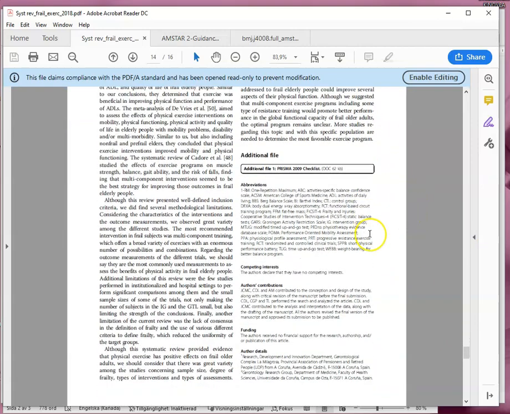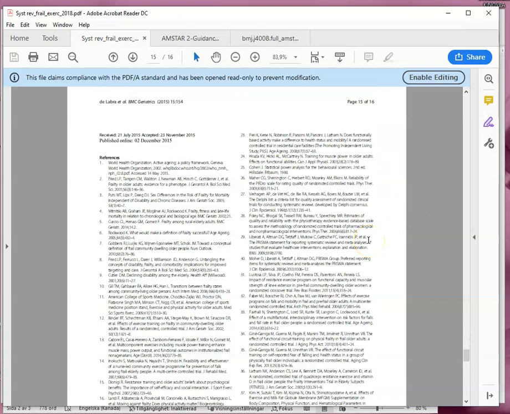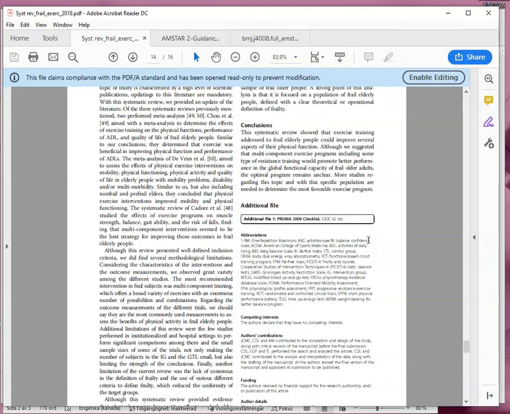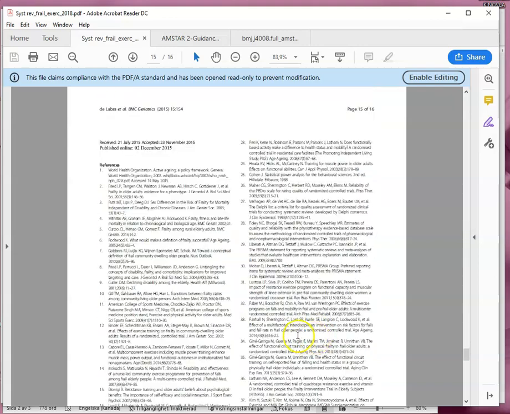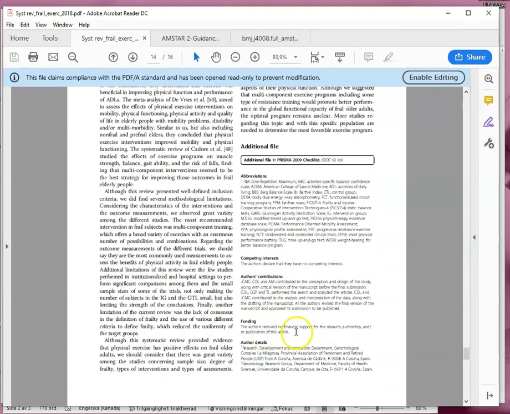It is page 20 on the manuscript they sent to the journal, it's not the final. But of course, here it is. The funding: authors received no financial support for the research or publication.